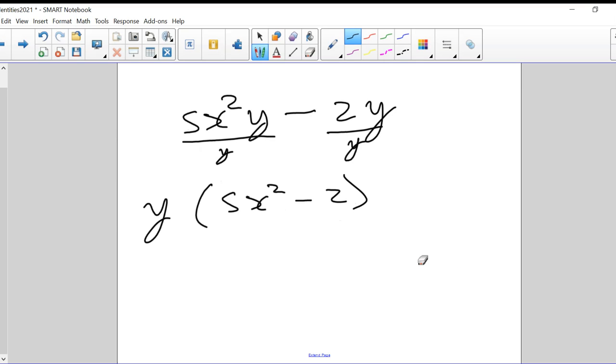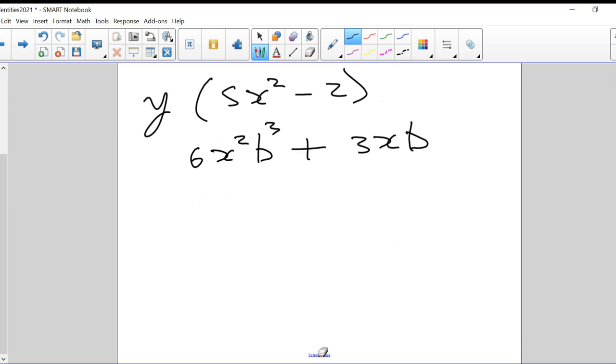Let's try one more. What about if I had 6x squared b cubed plus 3xb? Let's go with that. First of all, what is my common factor this time? Can you help me with the common factor first, and then we'll go from there.